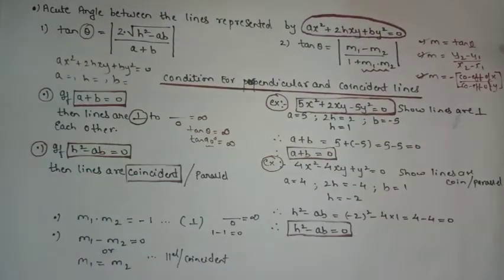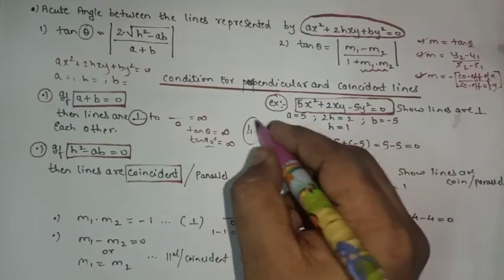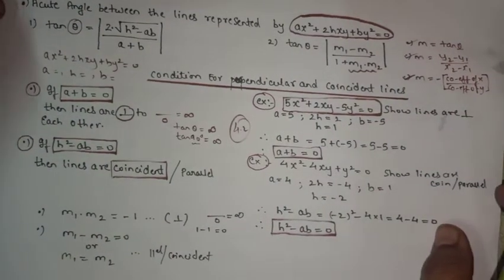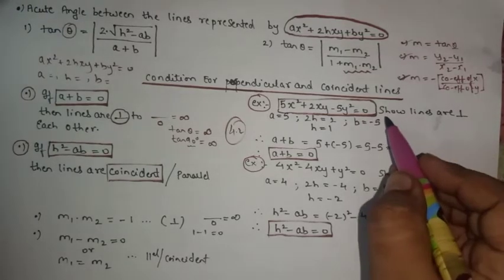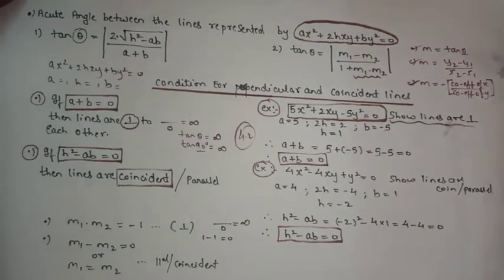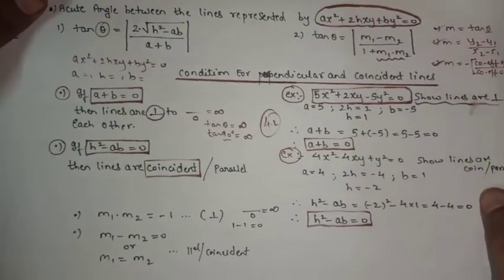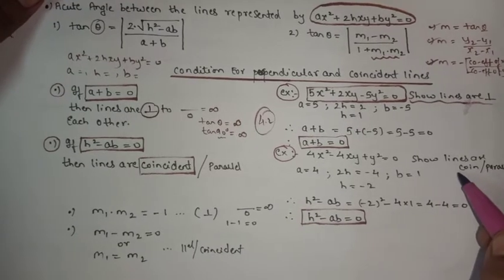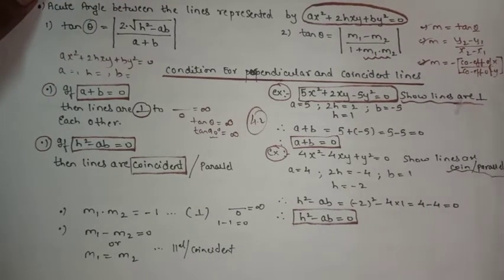There are some points which you have to remember, and remember in the exercise there are small questions based on 2 marks, I can say, from the exercise number 4.2, where they will say that you have to show that the lines are perpendicular, or sometimes they will say that you have to show that the lines are coincident or parallel.